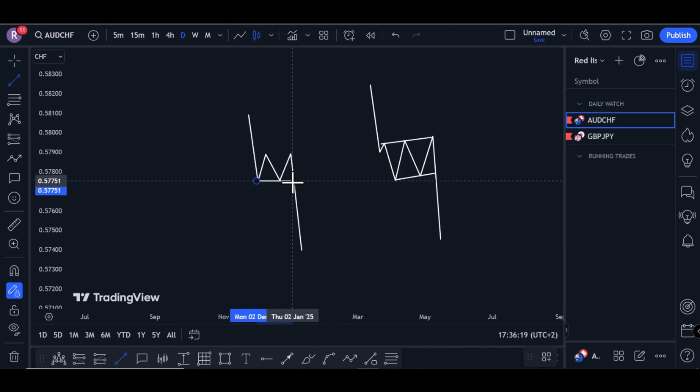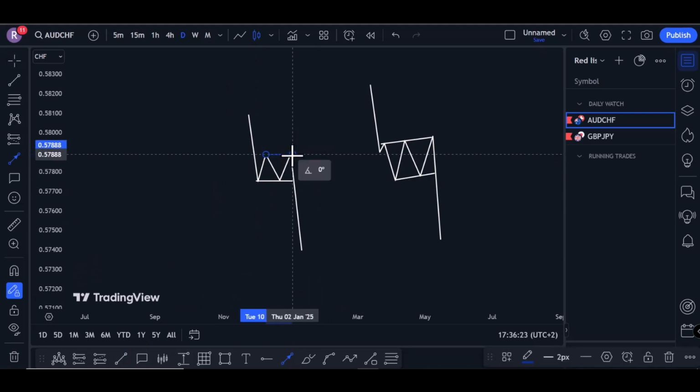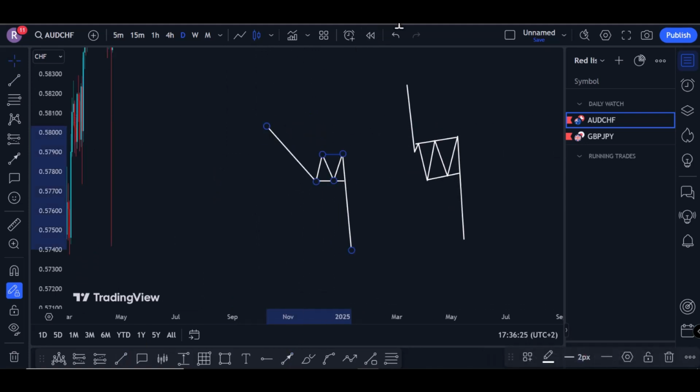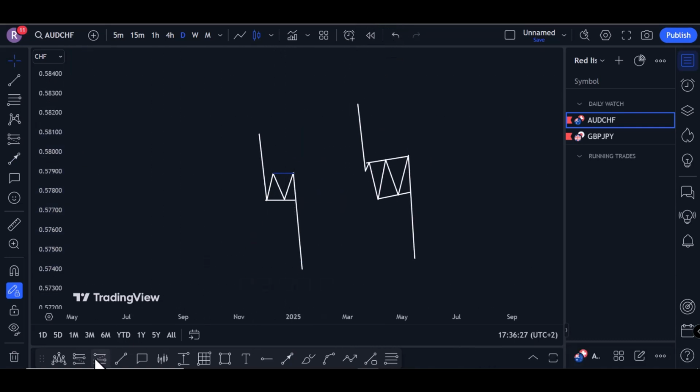Because I started trading Falcon in 2021. So from 2021 to 2024, these two for me are the ones that brought me to consistency, right?